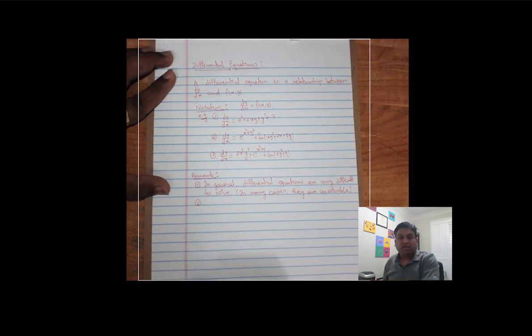So let's write it this way. Suppose the method that we are going to study helps us solve the differential equation, then I would like to give the solution a name.